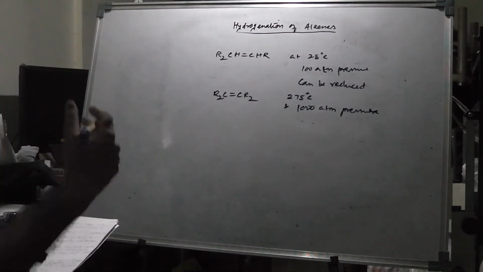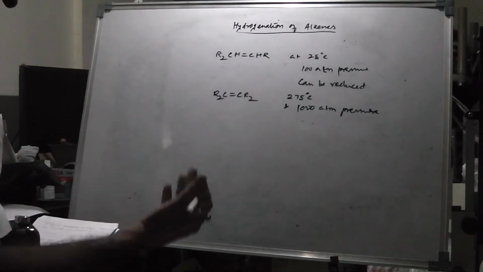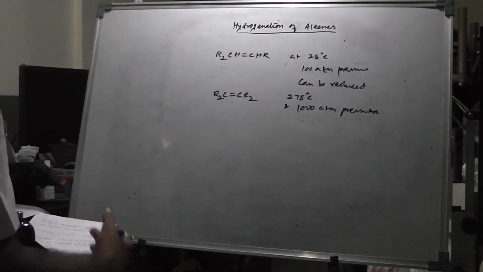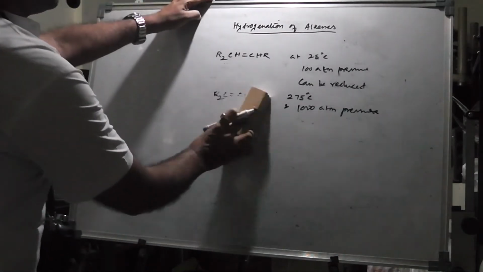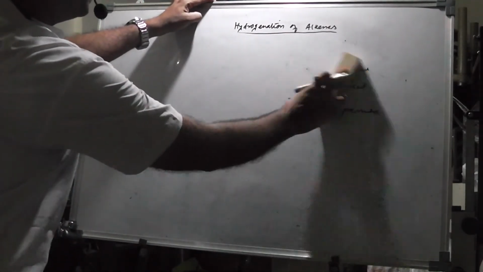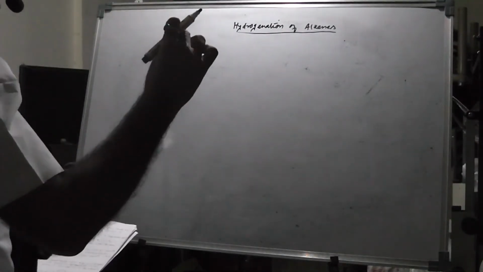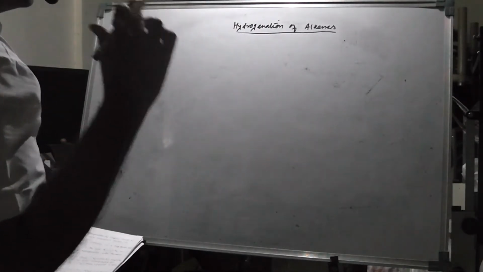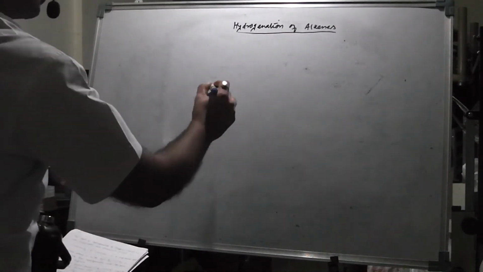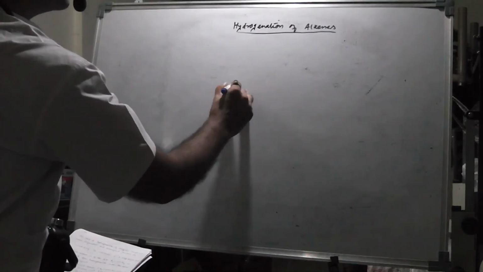So what are the double bonds that are very challenging to reduce? For example, in the steroid molecule, a double bond that is common to two rings is very difficult to reduce. The molecule is given here.